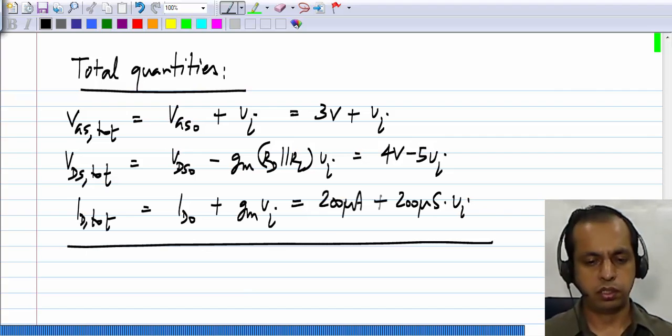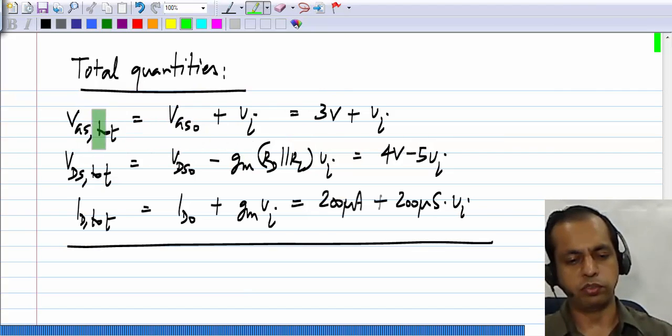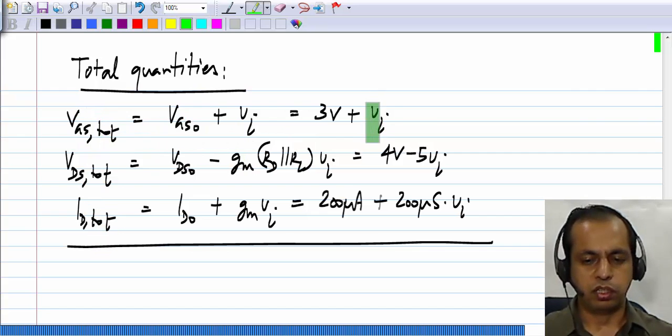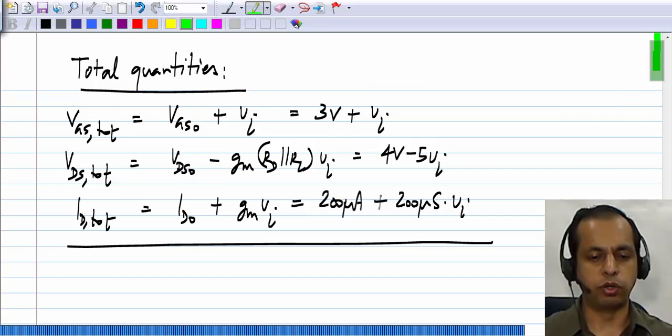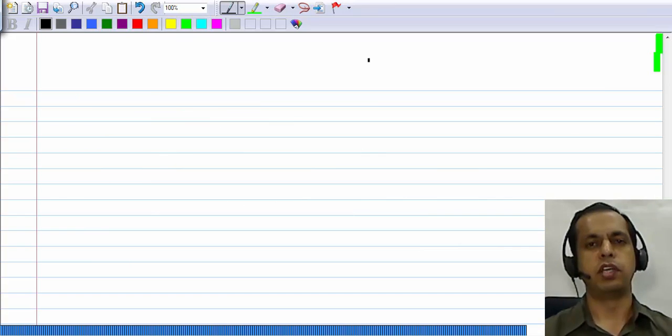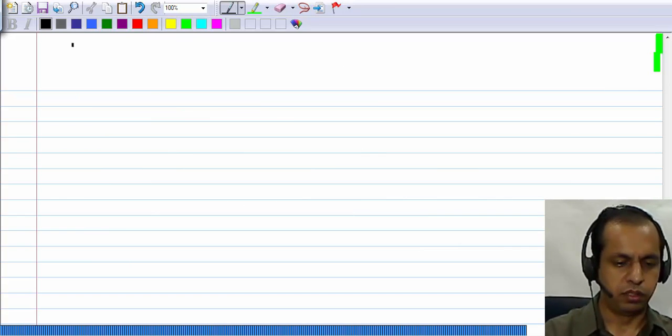So now that we have the total quantities of VGS, VDS and ID, this means that whatever the variation of Vi is, at every instant we know VGS and VDS. So we can calculate when it enters triode region or when it enters cutoff and so on. First, let's look at the limit imposed by the triode region.